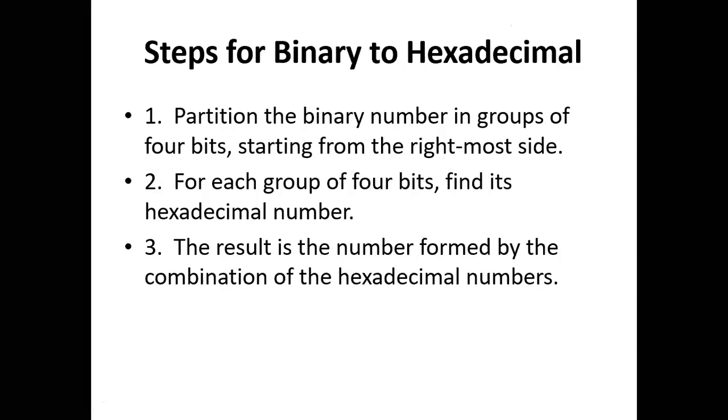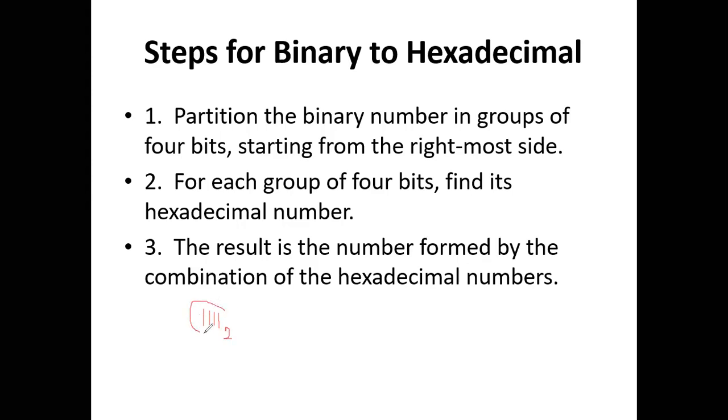Now, when you want to convert a number in binary to hexadecimal, hexadecimal uses 4 bits. The highest number that you can have in hexadecimal is 15. Now, 15 in binary is 1111 in base 2.